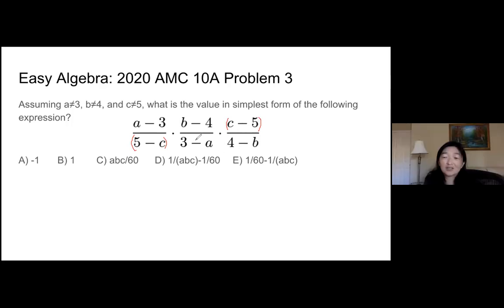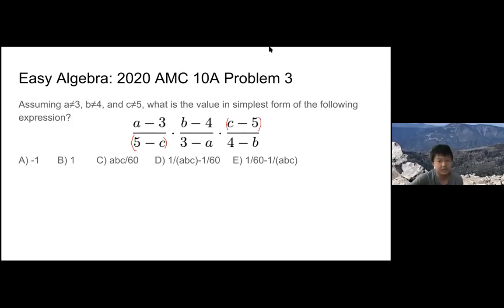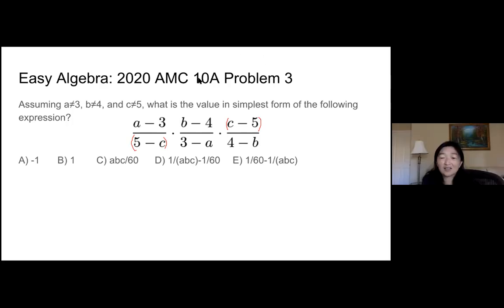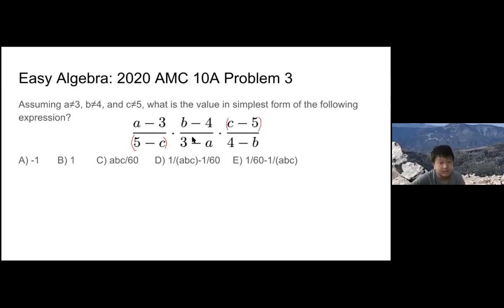Yeah, feel free to write in the chat. What do you think the answer is? Or unmute yourself and say your answer. Okay, William says minus 60. William, do you want to explain how you got that? Kind of guessed.